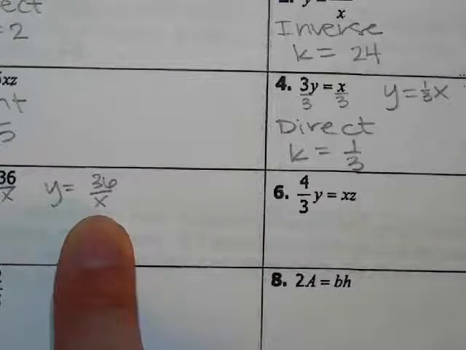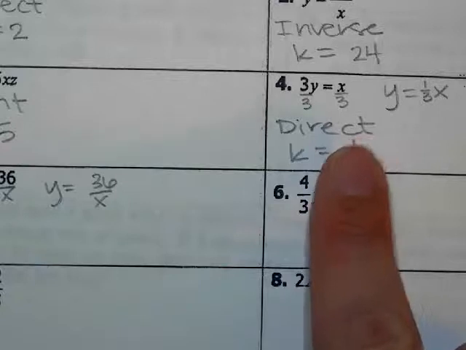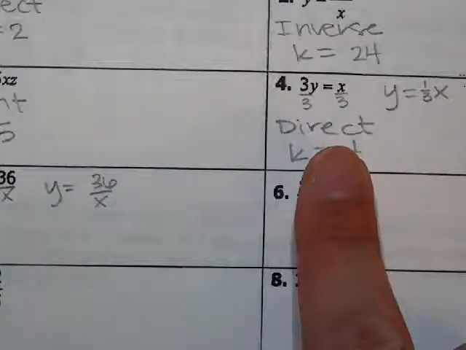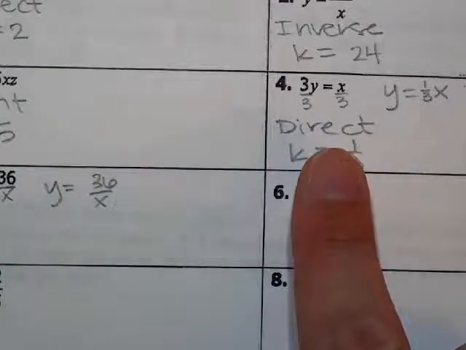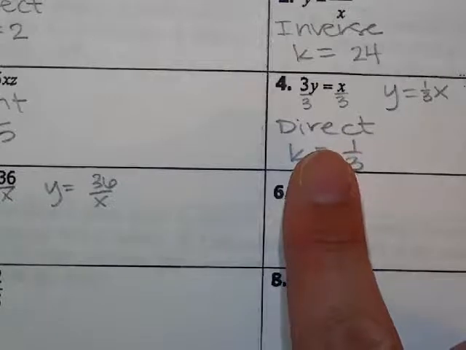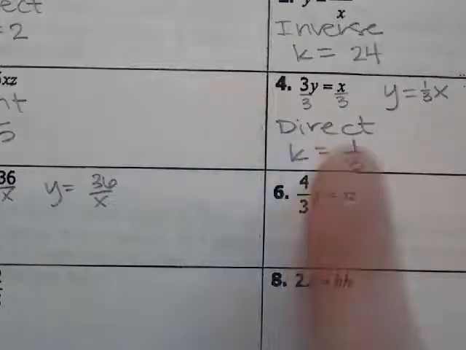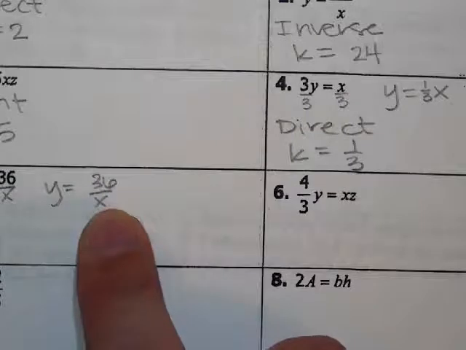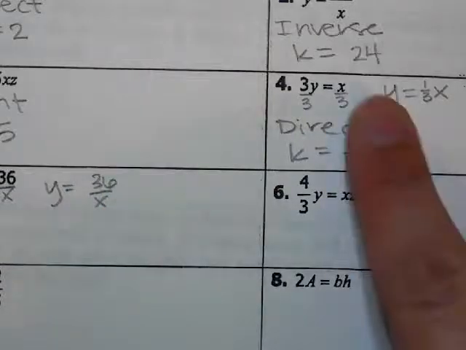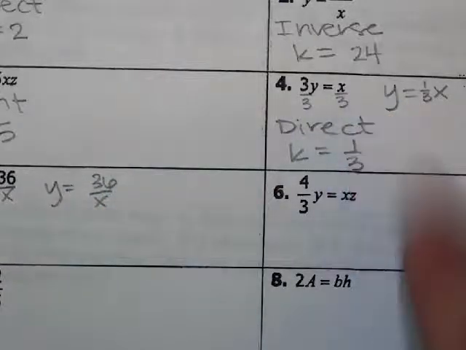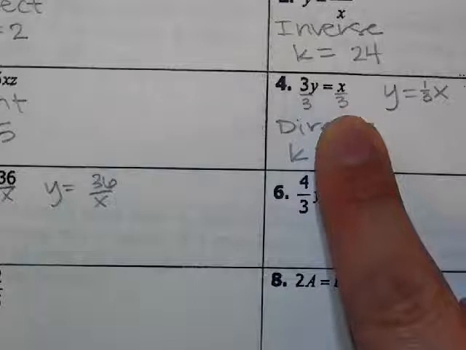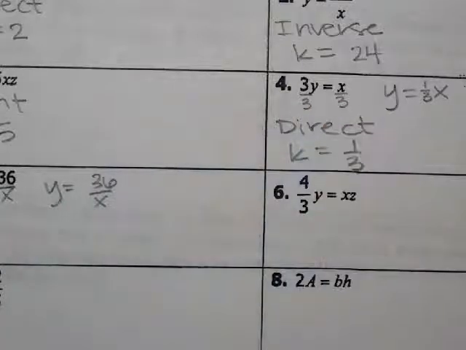How is this different from number 4? It's in the denominator. So the 36 is divided by x instead of the x being divided by 3. Yeah. So x divided by 3 is saying that the x is being divided. So it's saying that x is what you have 1/3 of.